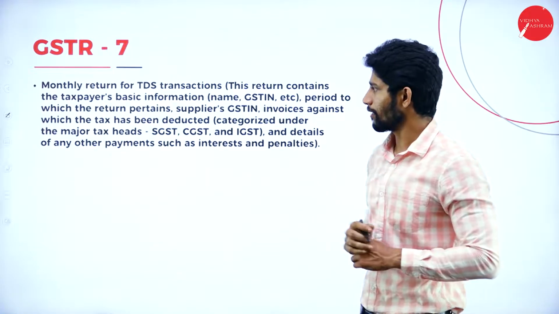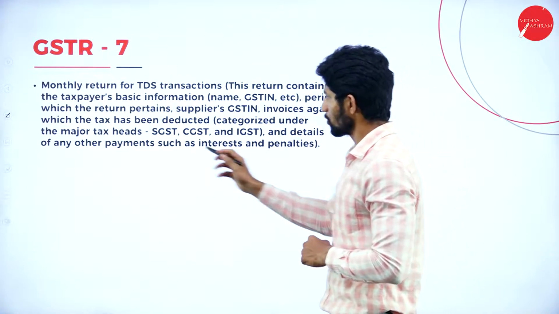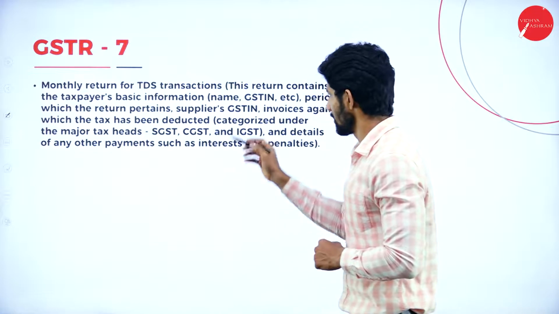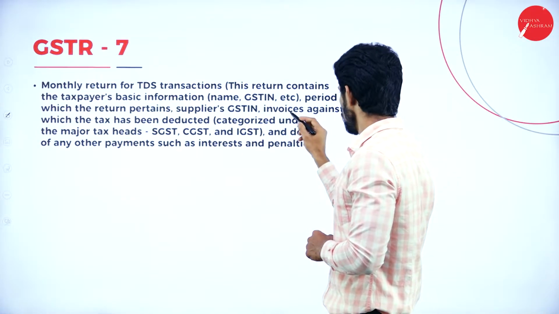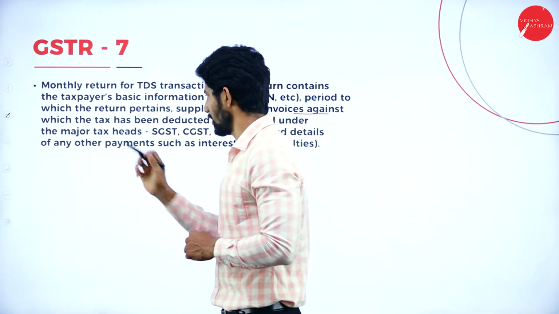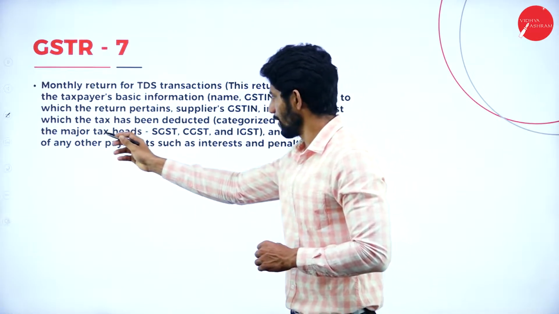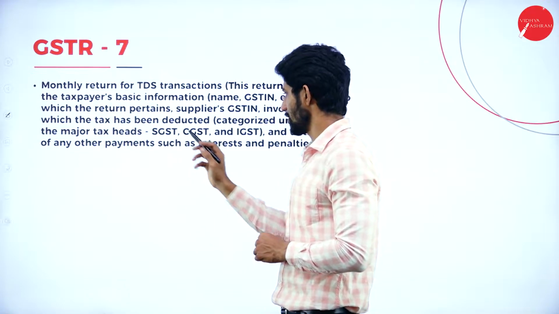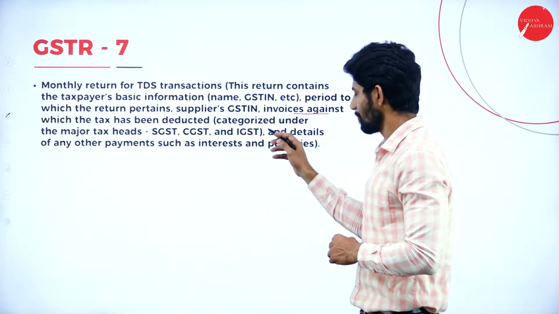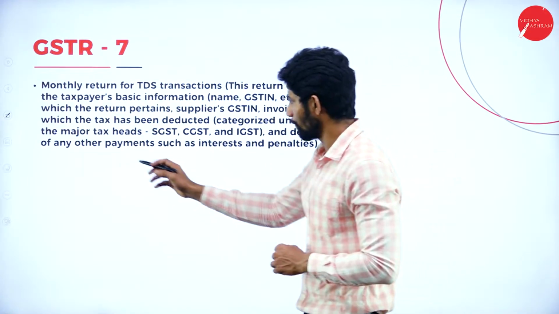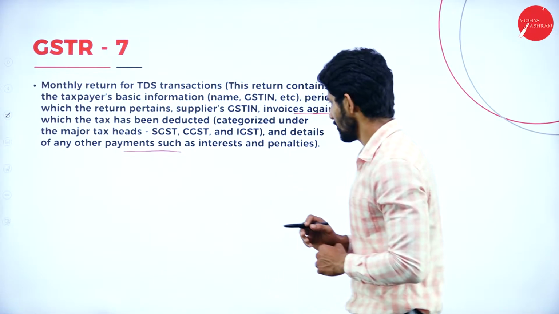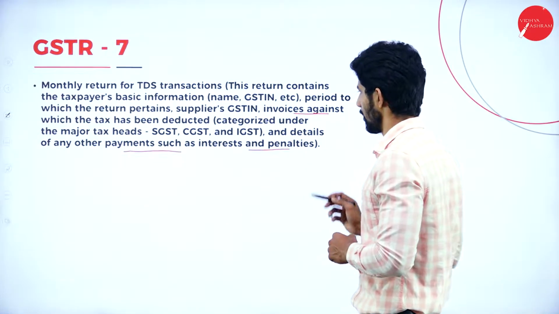Next, the period to which the return pertains, the supplier's GSTIN, invoices against which the tax has been deducted, categorized under the major tax heads CGST, SGST and IGST, and details of any other payments such as interest and penalties.